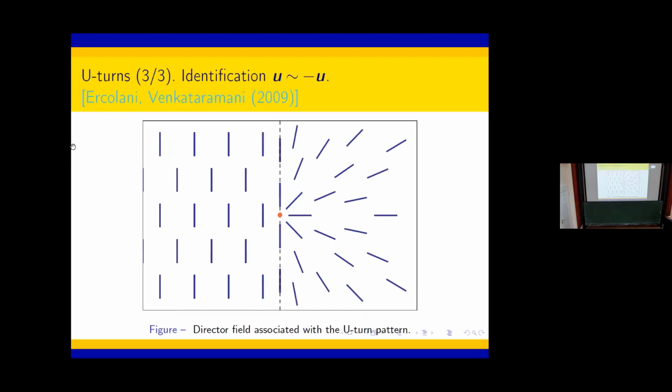So we just identify u and -u; I just erase the arrow. This is the model proposed by Ercolani and others, but they just make this identification and then make computations in particular cases, but they do not build a mathematical theory. So we try to do this.